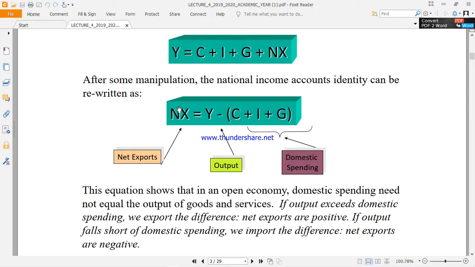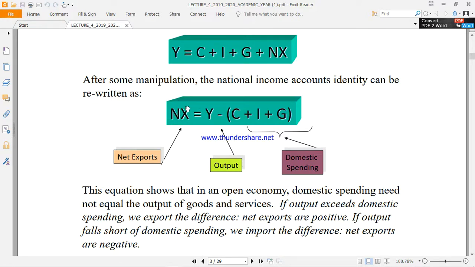So if we do our mathematics, we're just going to make net exports the subject of the formula. We're going to take consumption to the other side, investment to the other side, and do the same with government expenditure, which means we're going to remain with net exports.